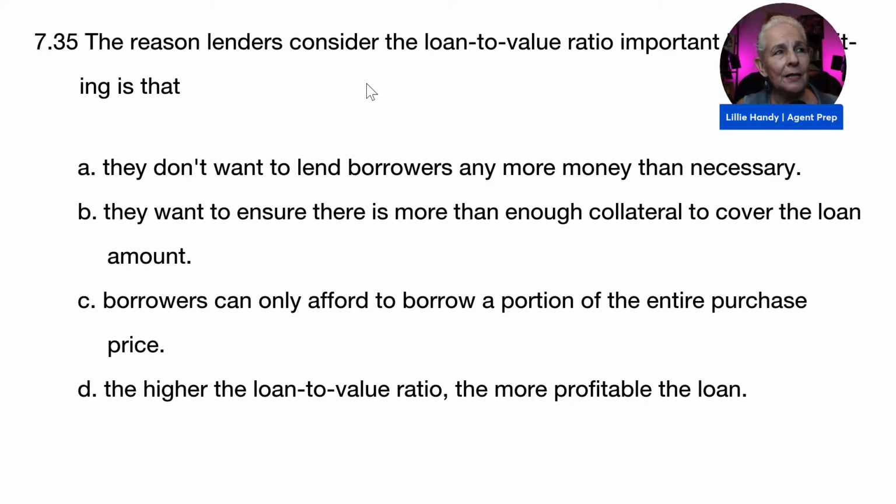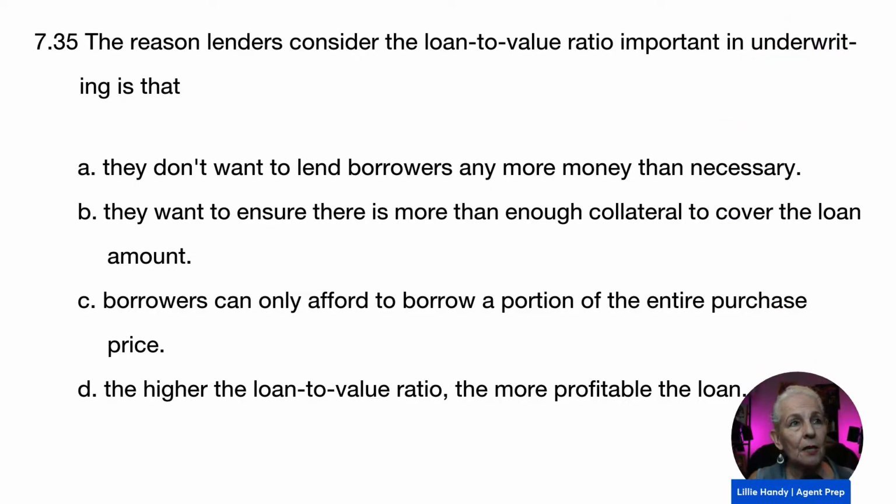735. The reason lenders consider the loan to value LTV ratio important in underwriting is that A, they don't want to lend borrowers more money than necessary. B, they want to ensure there is more than enough collateral to cover the loan amount. C, borrowers can only afford to borrow a portion of the entire purchase price.